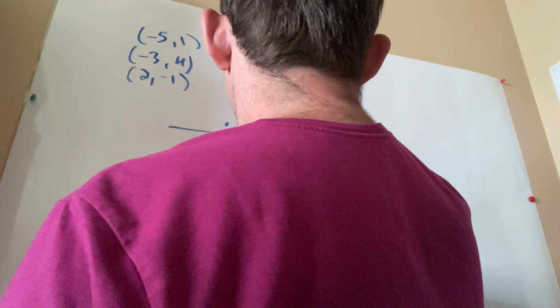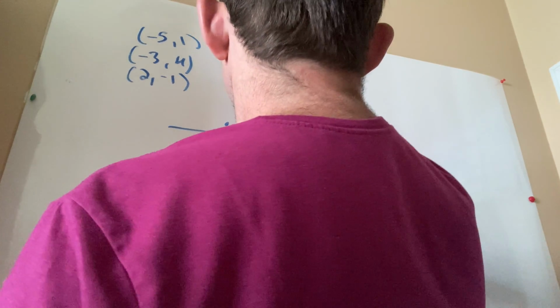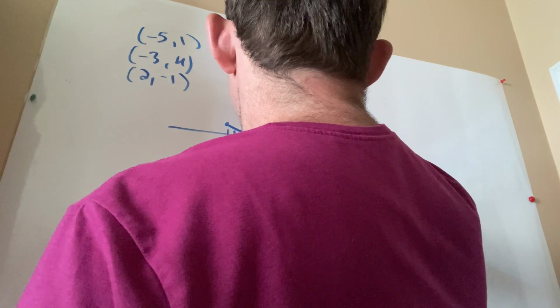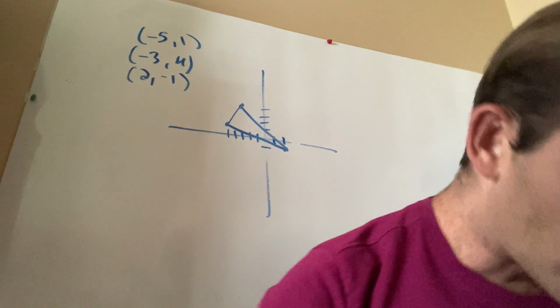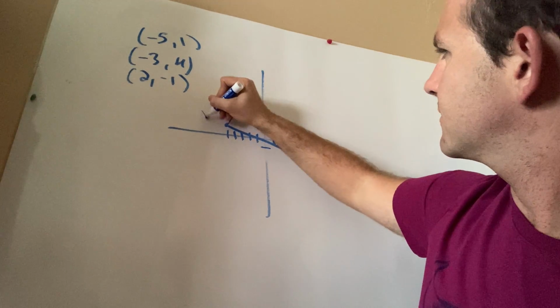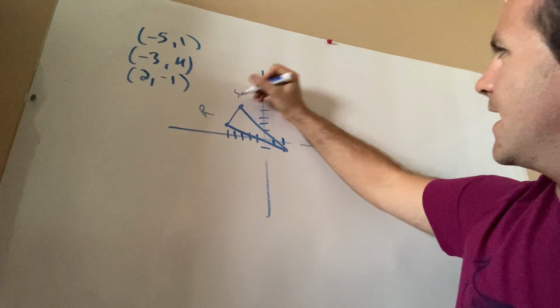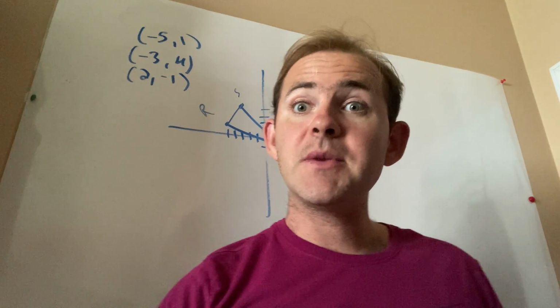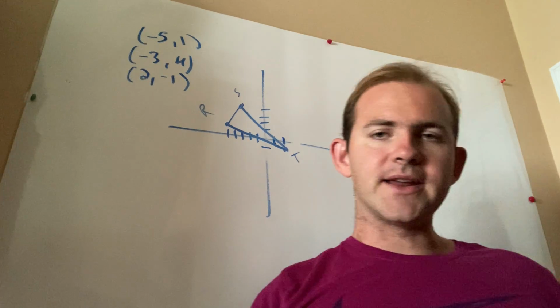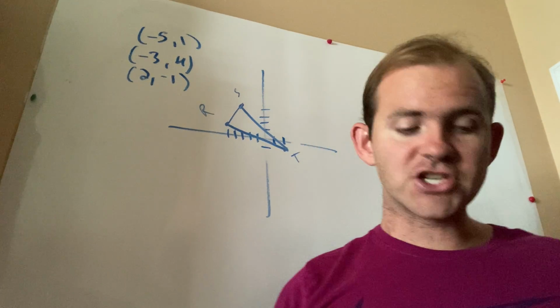Okay, and then 2, -1. Itty bitty triangle. All right. Now, what they tell me, and that's triangle, let me make sure I label this right, RST. What they're asking me to do is they're asking me to find the new coordinates after the dilation.